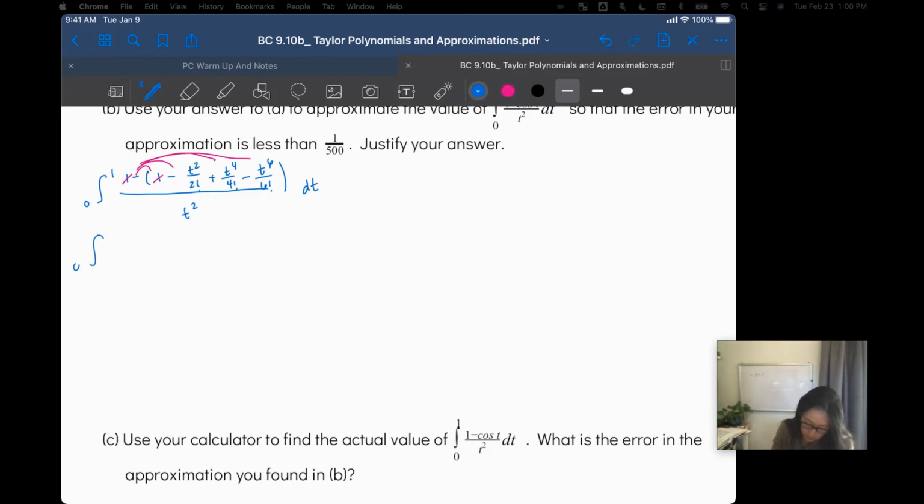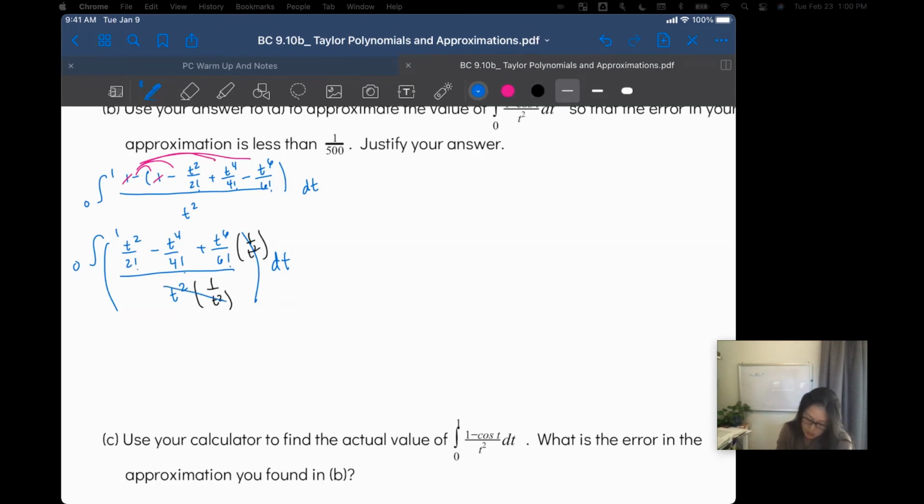So I have the integral from 0 to 1 of positive t squared over 2 factorial minus t to the 4th over 4 factorial plus t to the 6th over 6 factorial. And then I'm dividing that all by t squared dt. Okay, I'm going to go ahead and move this t squared to the numerator by multiplying by 1 over t squared.